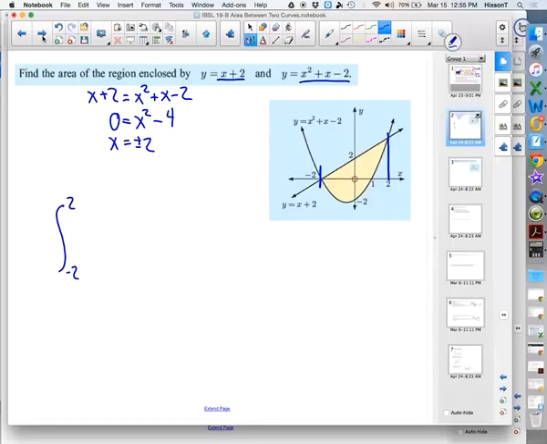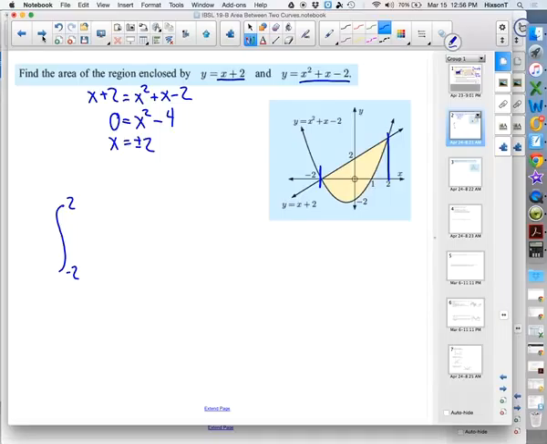Now, that was step 1, figure out the intersection points. Where are we going to be integrating? If we got more than 2, then we would need to separate it into 2 different integrals. We'll look at one like that in our next example. But here, since we only have 2, we're going to have one interval that defines this region between them.